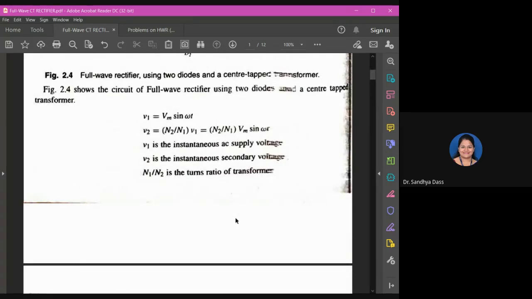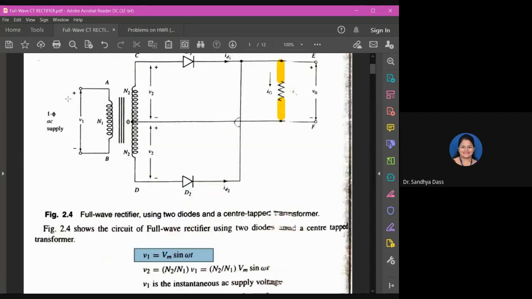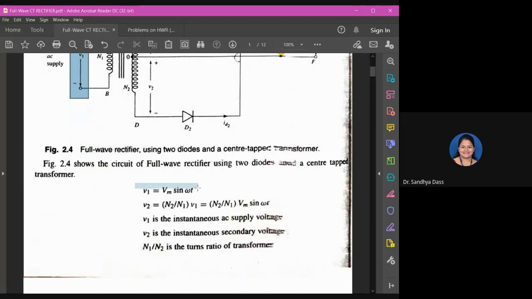So to proceed with the derivation of DC output voltage and current, observe here, we start from the same discussion. If V1 is equal to Vm sin omega t, V1 is nothing but what you apply to the primary of the transformer. If you are taking it to be an AC signal, Vm sin omega t, because of the turn ratio of the transformer, the secondary voltage V2 will be given by N2 by N1 into V1.